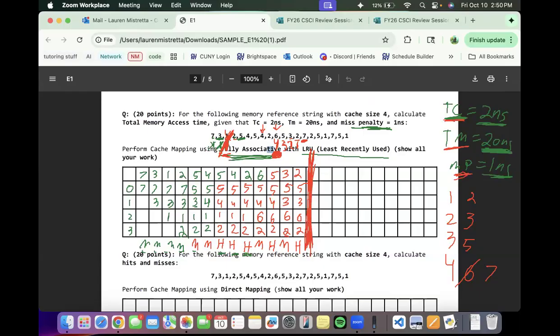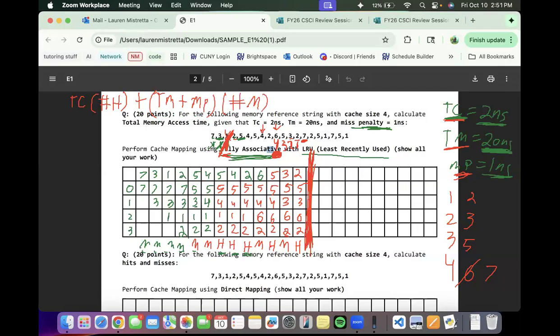So my formula is going to look like the time of a cache times the number of hits, plus the time of a miss plus the miss penalty, times the number of misses.